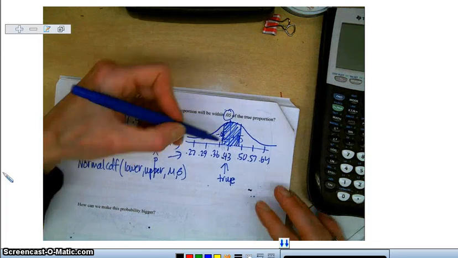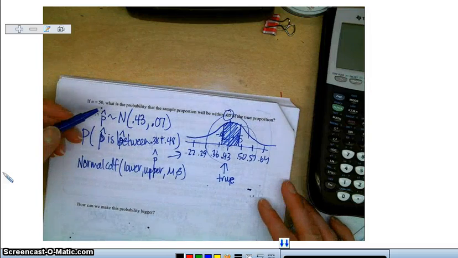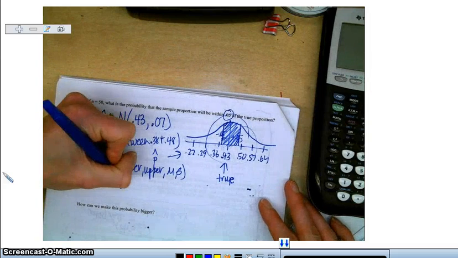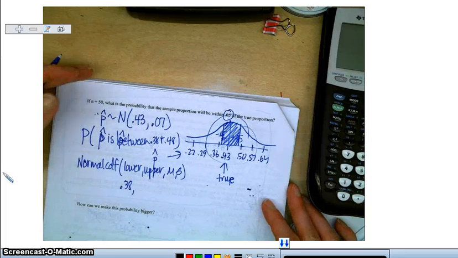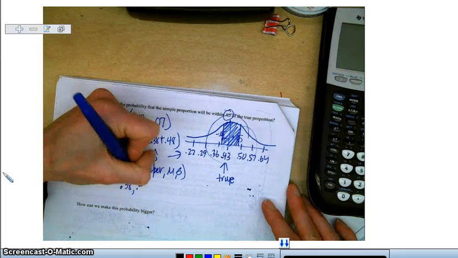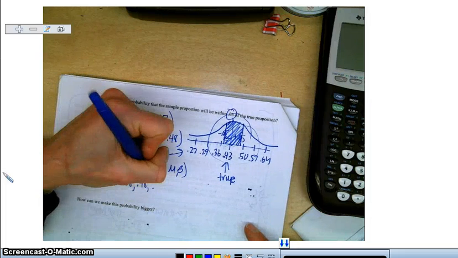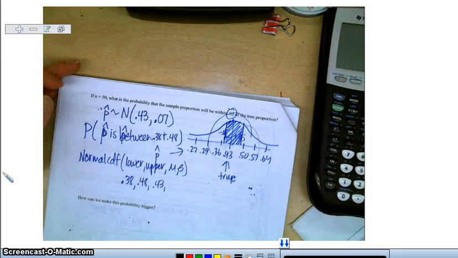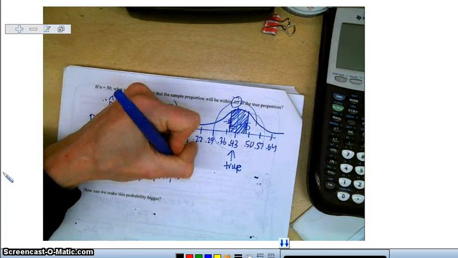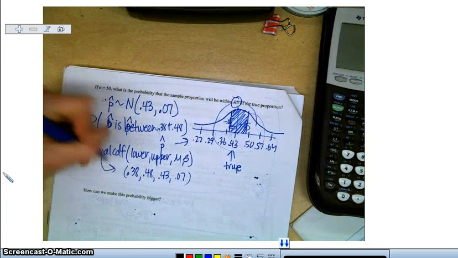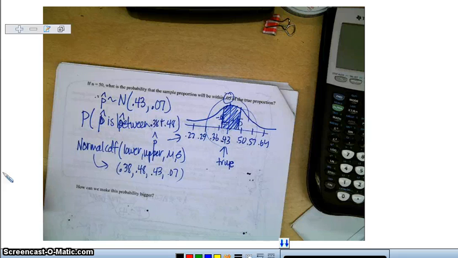So what is the lower bound of this shaded region? 0.38. And then the upper bound, 0.48. What was the mean of our distribution? 0.43. And the standard deviation? 0.07. So you type that in and that'll give you your answer. This should seem familiar.